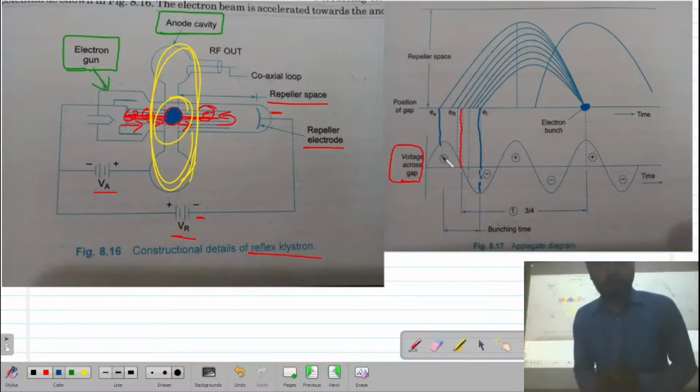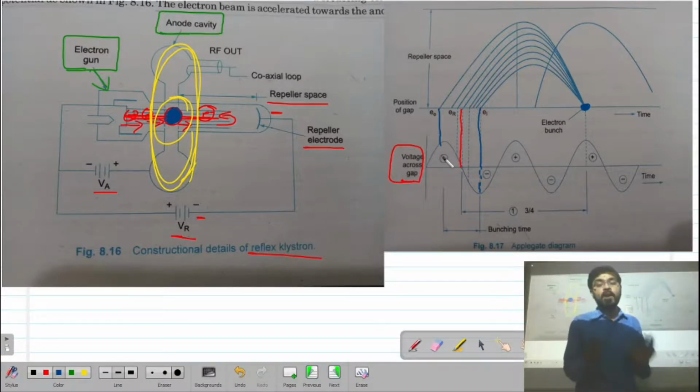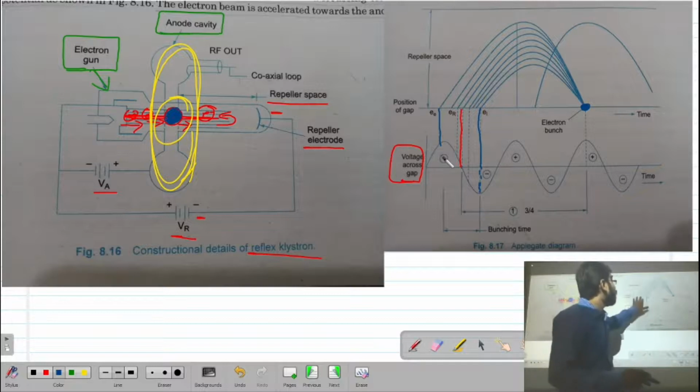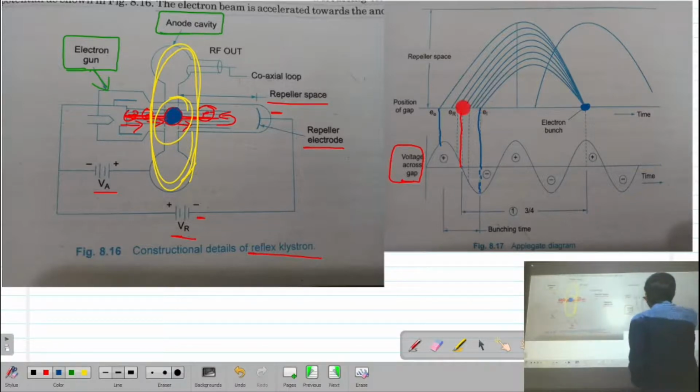All these three electrons will travel with a modification in velocity, and that is known as velocity modulation of electron. All these three electrons will try to meet up at this particular point, and that is known as the electron bunch.